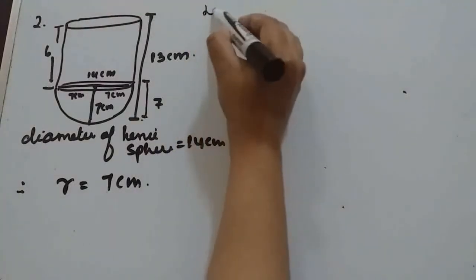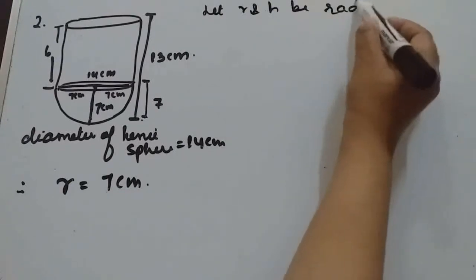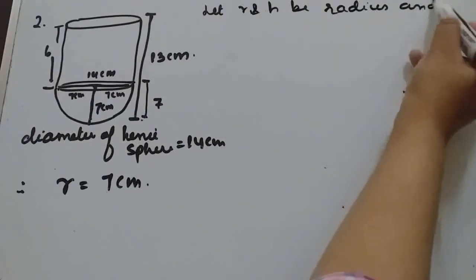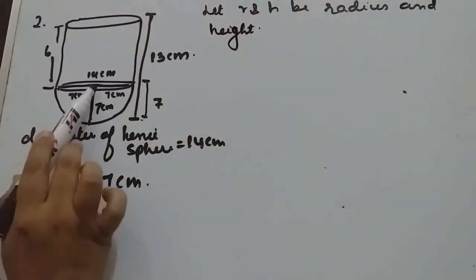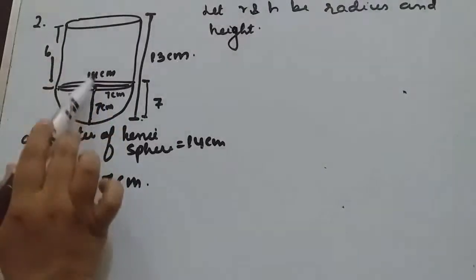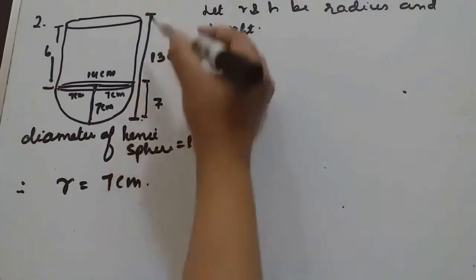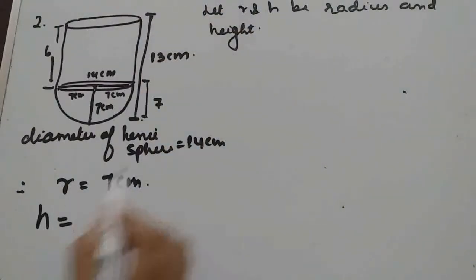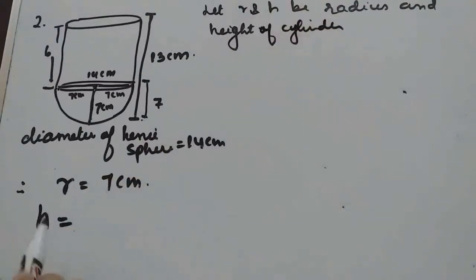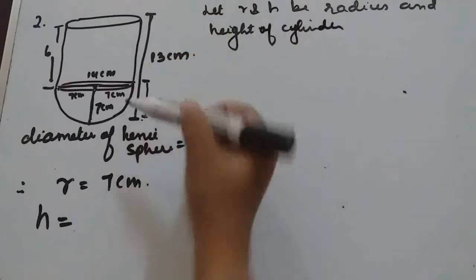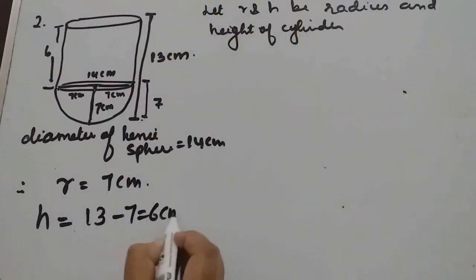Let R and H be radius and height. The radius of the hemisphere and the radius of the cylinder will be the same, isn't it? So both we can take as R, which is 7. Now what about height? The height of the cylinder H will be the total height, that is 13 minus this much 7. So that is 6 centimeter.